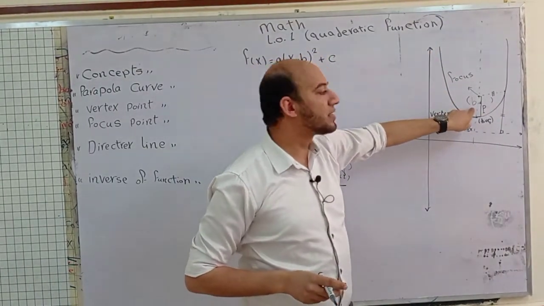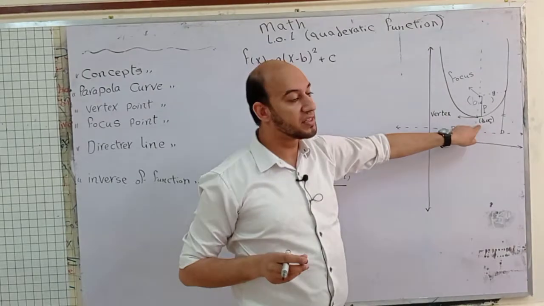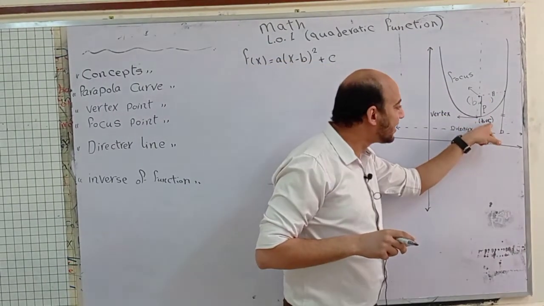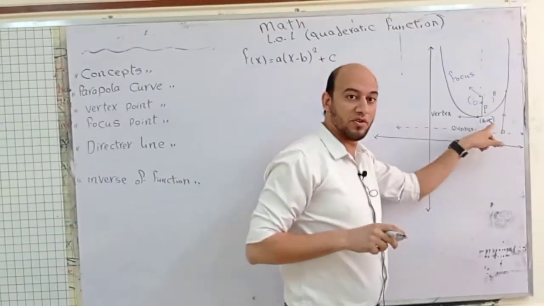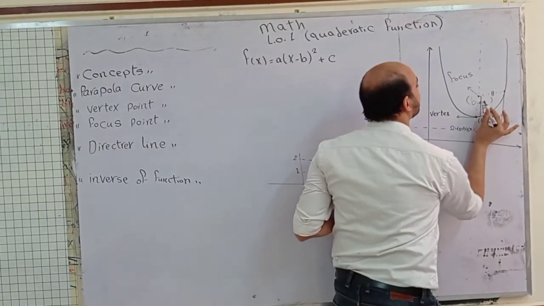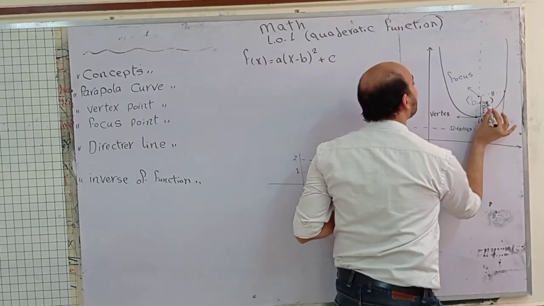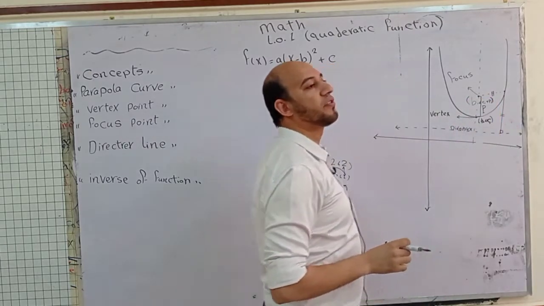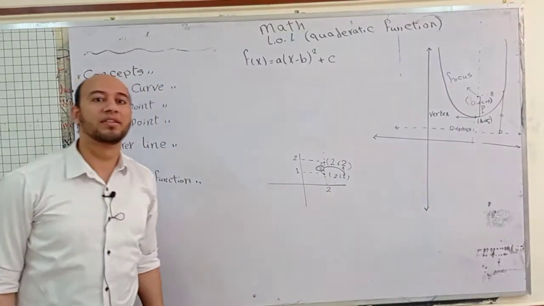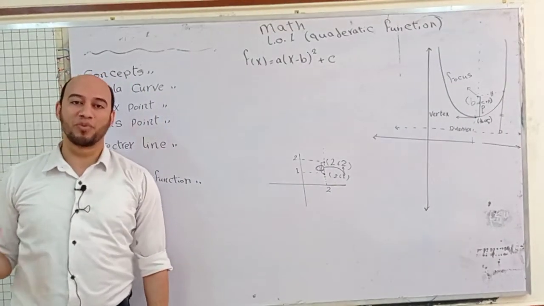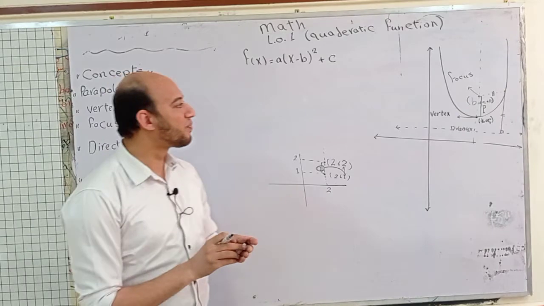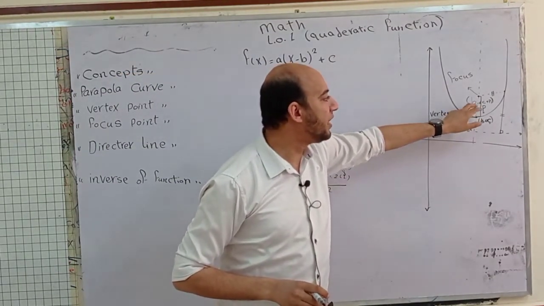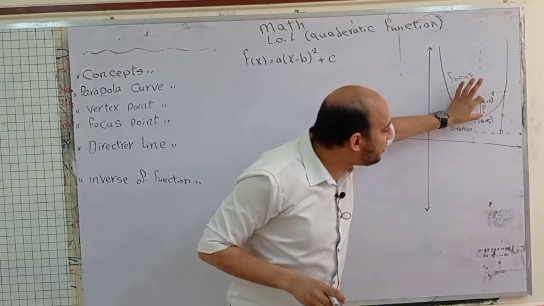The focus has the same x coordinate as the vertex, and its y coordinate is the y of the vertex plus the distance between the focus and the vertex. Now, the focus point will have the coordinates (b, c plus p).